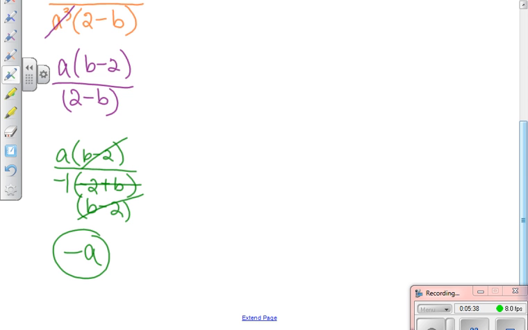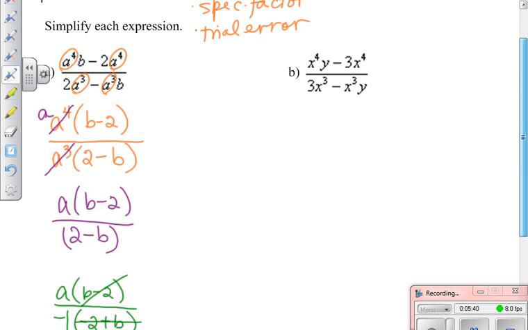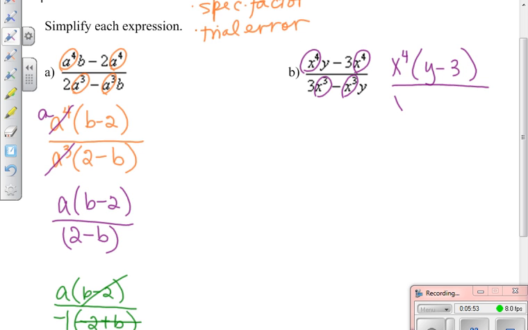Now if I look at the next example, very similar. I'm going to go ahead and pull my greatest common factor of x to the 4th, and that'll leave me y minus 3, x cubed, and I have the exact same problem happening. 3x's and 4x's cancel, leaving me 1 in the numerator.